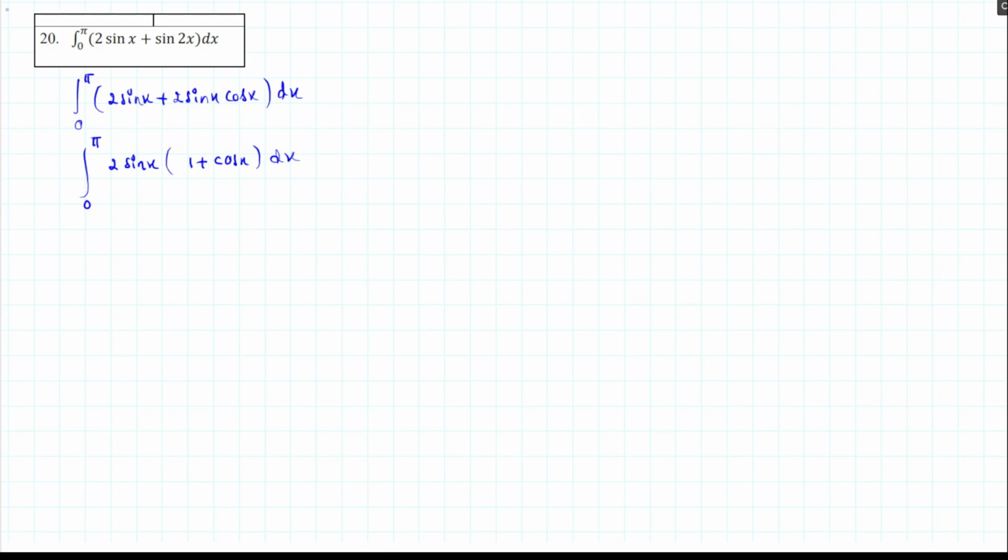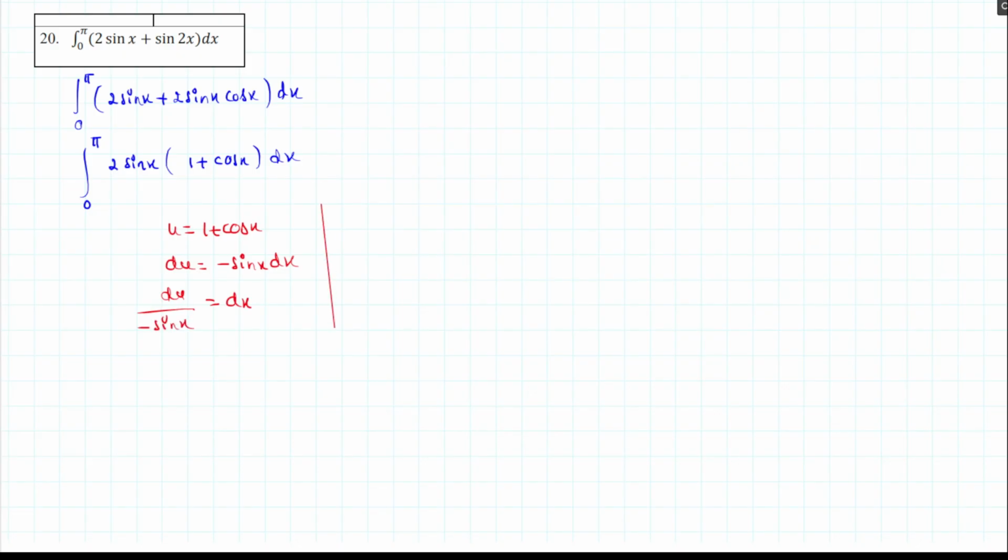Now you can see the derivative of cos x, which is sin x, is available here, so you can choose u equal to 1 plus cos x. Then du is negative sin x dx, or dx equals du over negative sin x.